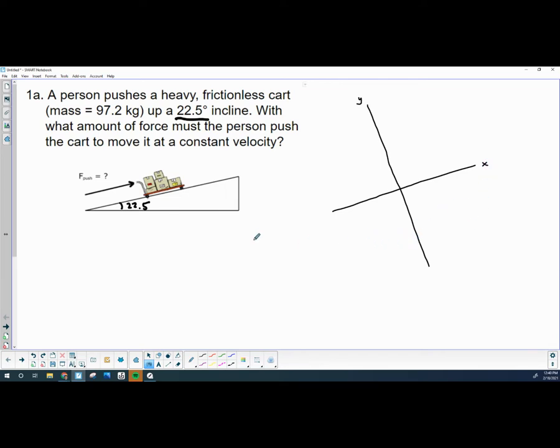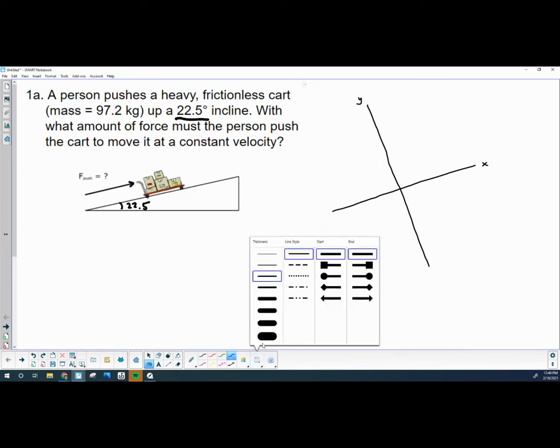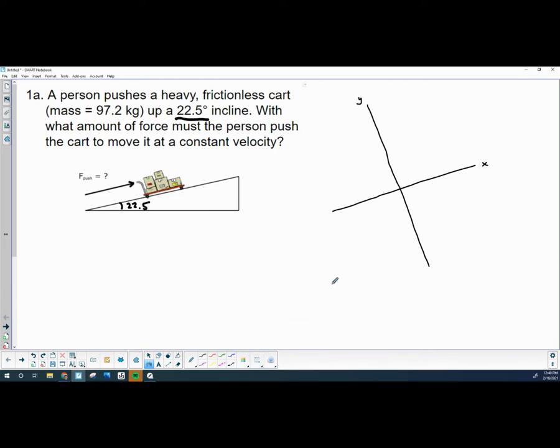Now, starting the force diagram, we know, and we've done this many, many times, that we want to draw in the force of gravity on the object. So that will always be straight downward. And again, when you're doing this by hand, you want to make sure that this vector is straight downward on your paper. So I'm going to draw it as best I can, straight to the bottom of the screen.